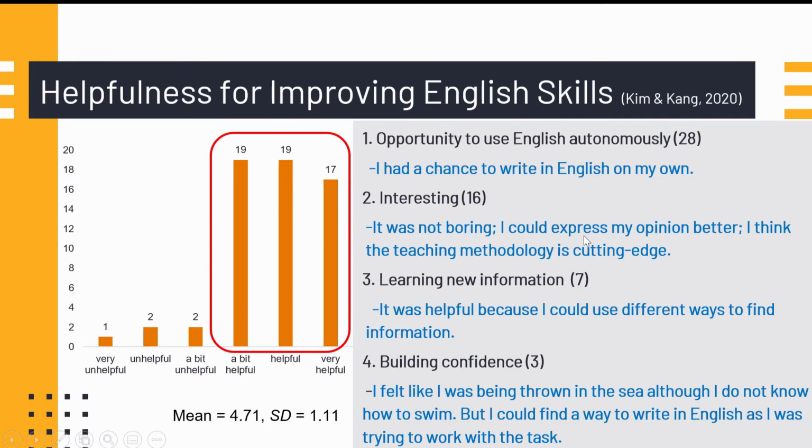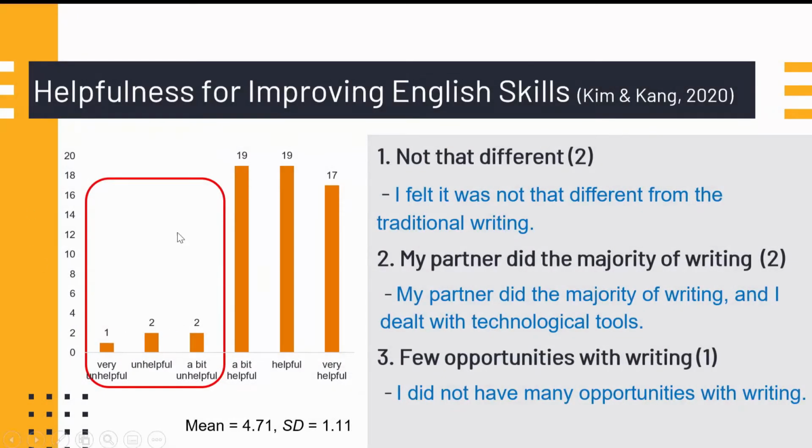As you can see here, many students really appreciated the opportunity they were given to make this creative video using English based on the movie that they watched. But we also look at some negative comments here, and people who did not find it helpful mentioned that it's not that different.